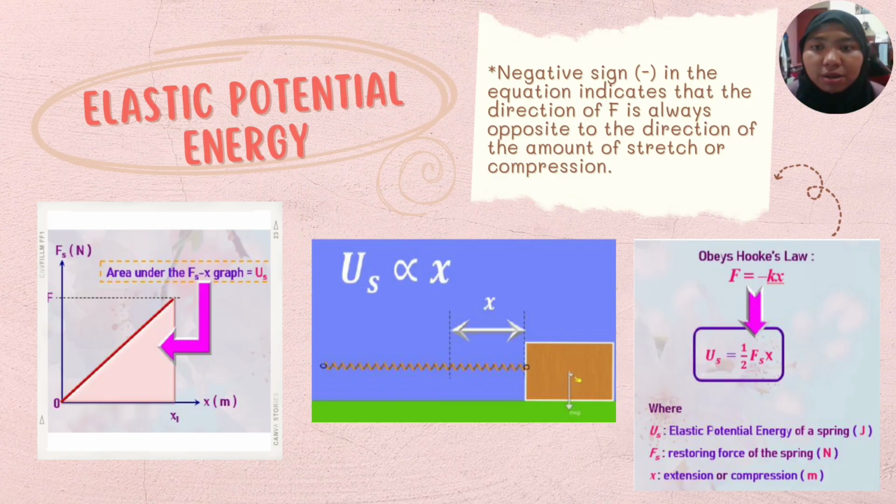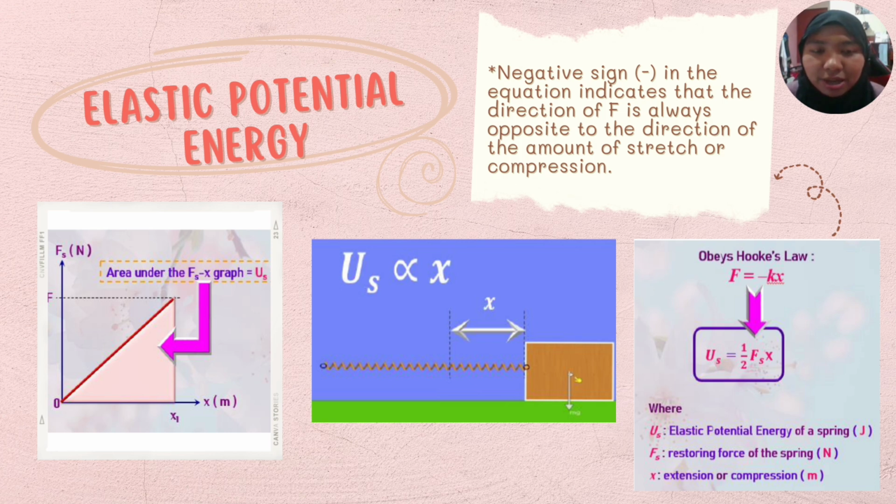Based on the graph of Fs against x, the area under the graph equals Us. In the next picture, Us is directly proportional to x.